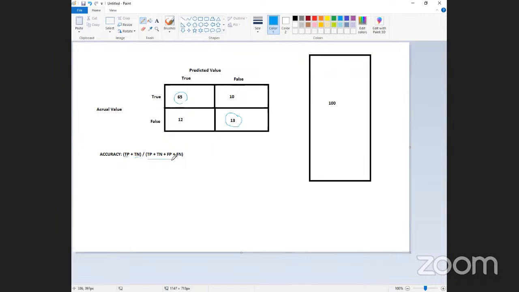Divide by all of this. This is the accuracy, how accurately it is saying.